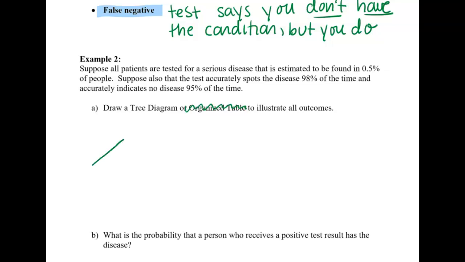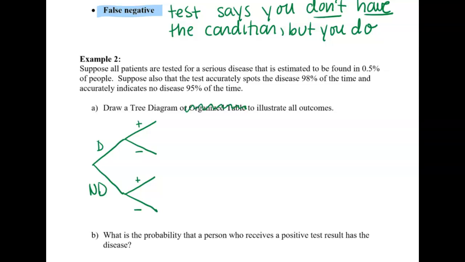Here we have disease, no disease. Okay. So given the disease, you take a test and the test either is positive or it's negative. No disease, same thing, positive or negative. That's the good news. These are pretty consistent process to solve these problems.